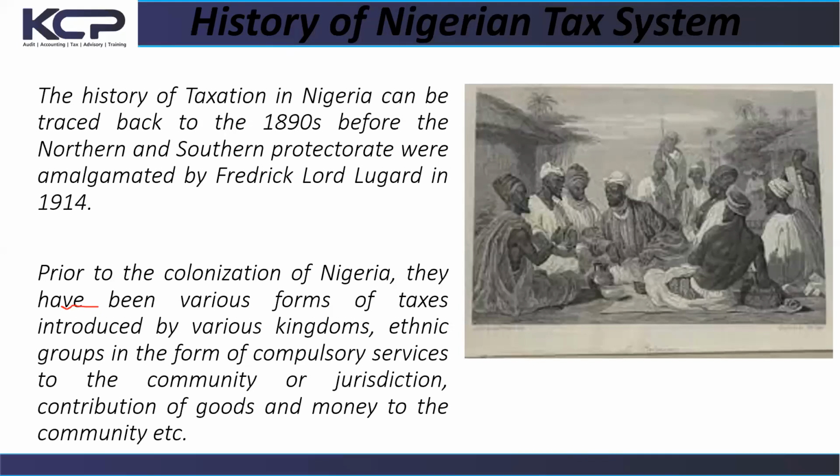Prior to the colonization of Nigeria, there have been various forms of tax introduced by various kingdoms and ethnic groups, in the forms of compulsory service to the community or jurisdictions, and contributions of goods and money to the community.